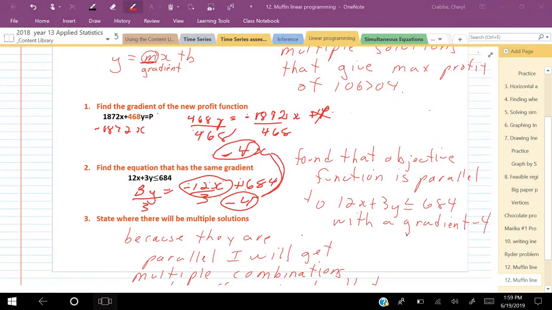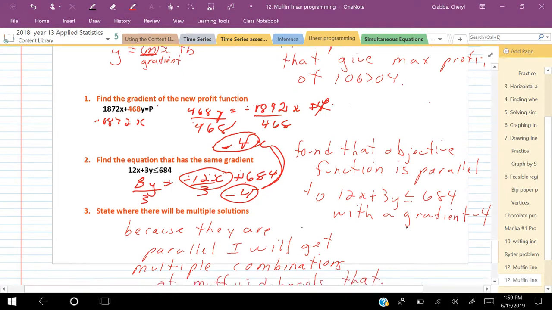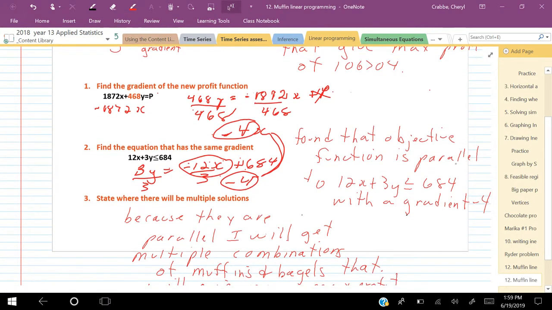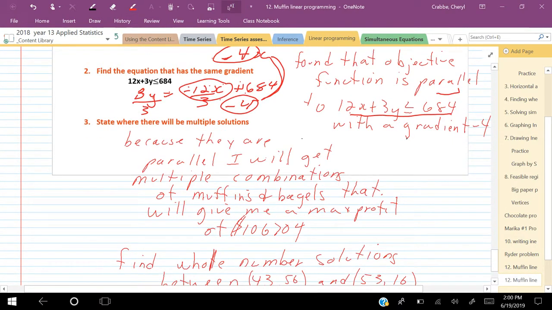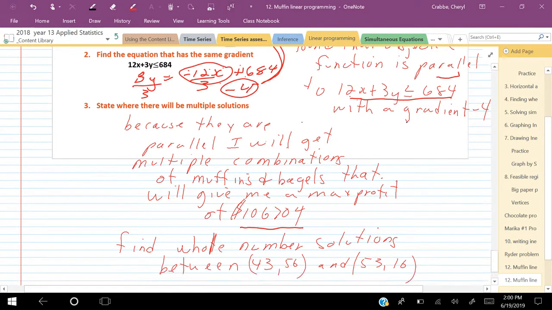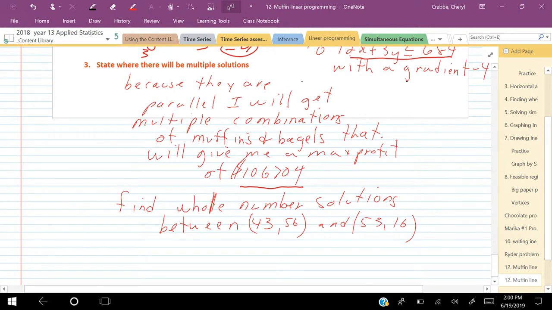So we've just proved that. Then you would say we found that the objective function is parallel to this equation with a gradient of negative 4, and because they're parallel, we'll get multiple combinations of muffins and bagels that will give me a maximum profit of 106,704. And so we find whole number solutions between here.